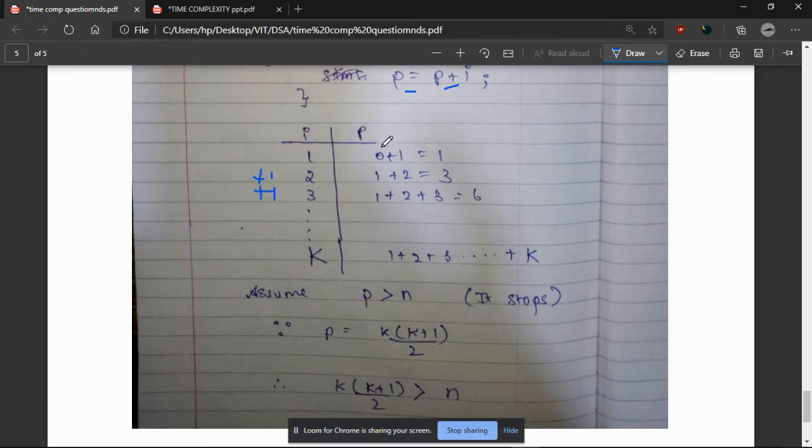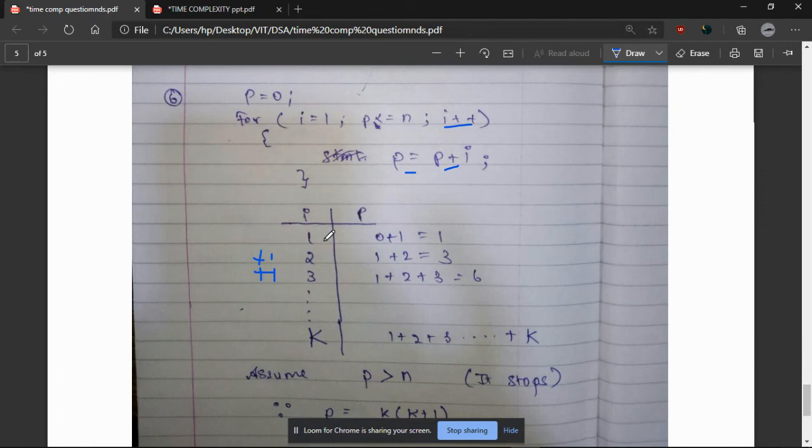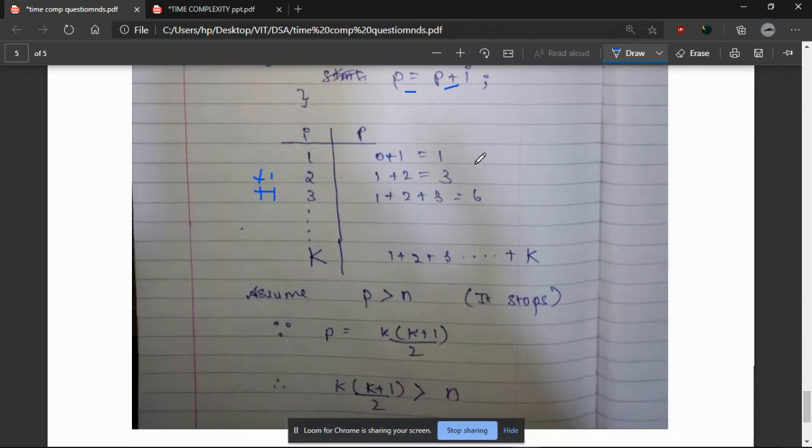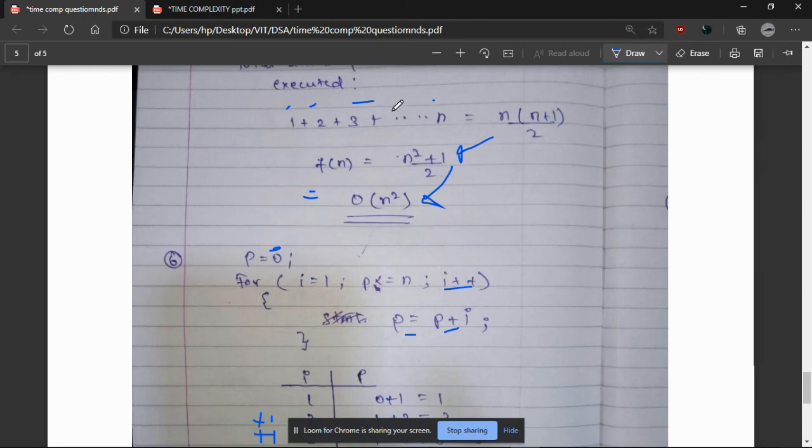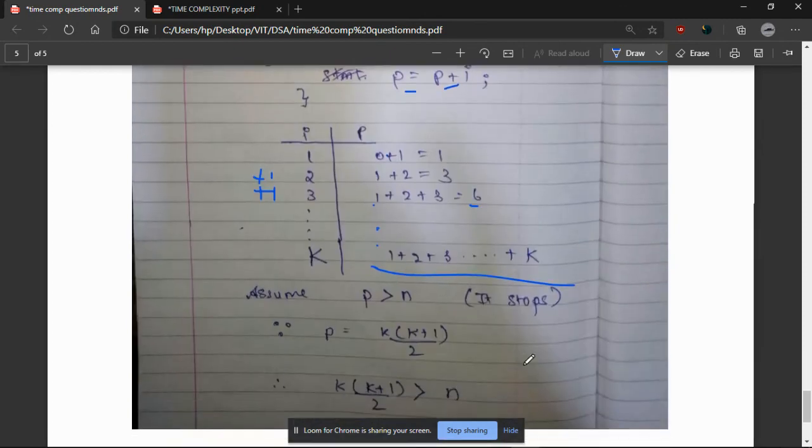Now p is what? p plus i. p is also less than or equal to n. Just p is basically 0. We kept 0. 1. 1 plus 2, 3. 1 plus 2 plus 3, 1 plus 6. Up to 1 plus 2 plus 3 goes to k times. Now, it's a similar situation as this. This is up to n times. This is up to k times.